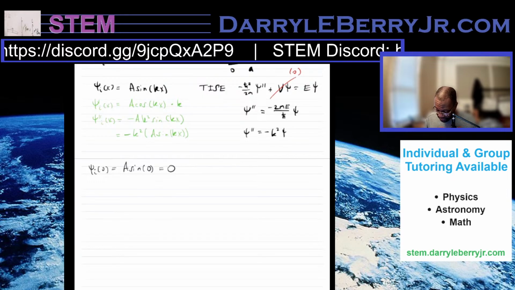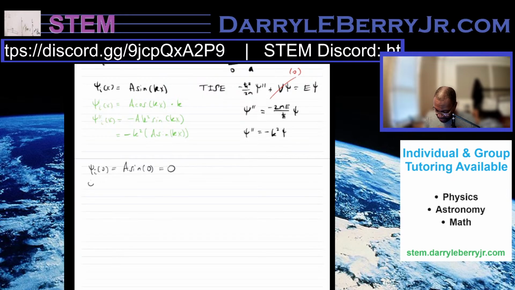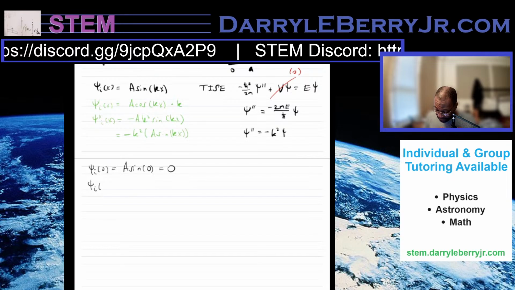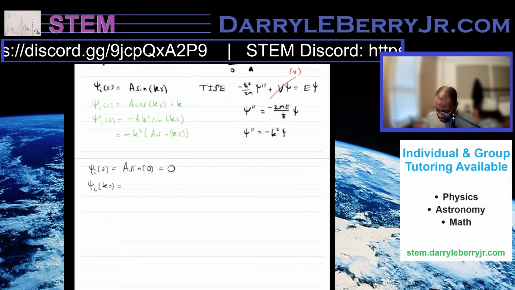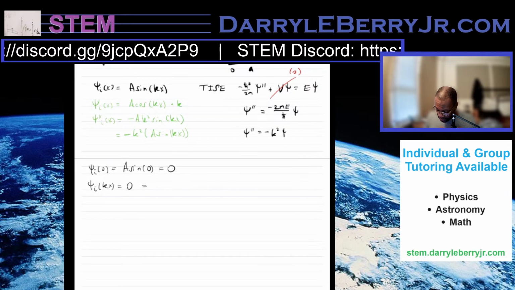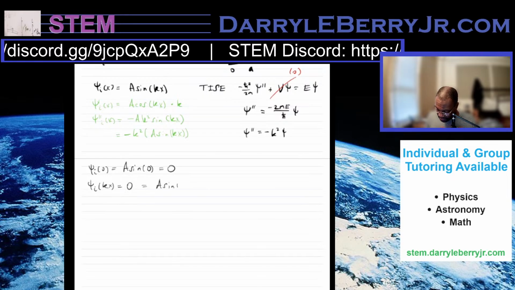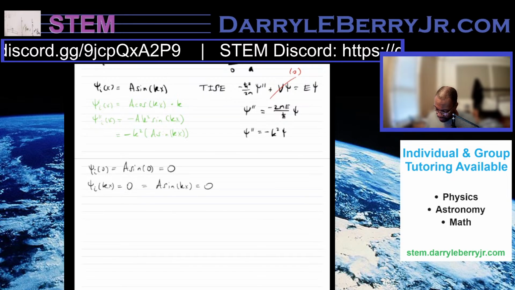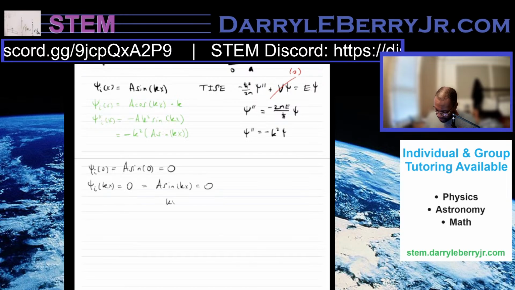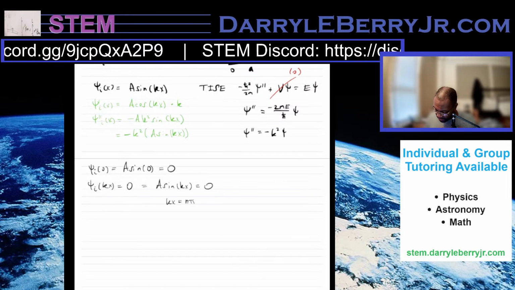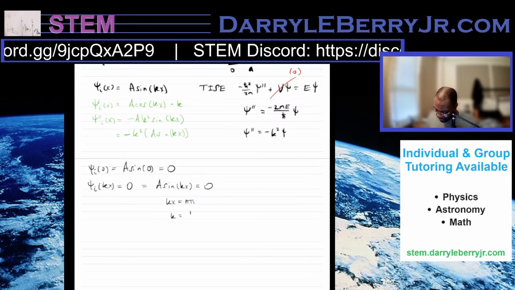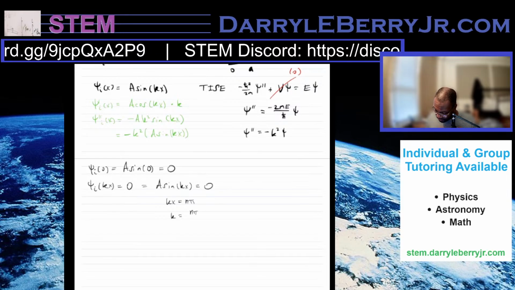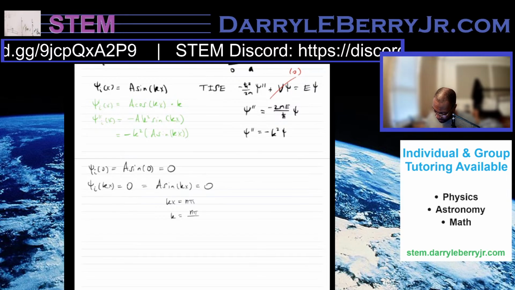And we know kx works as the argument. So now I need psi of a to equal 0. So that means that A sine ka equals 0. So ka must equal n pi, thus k equals n pi over a.